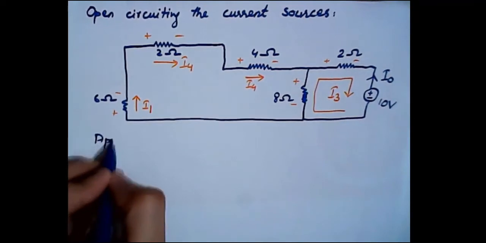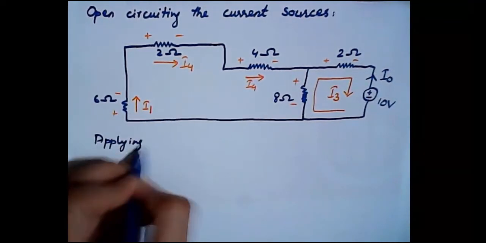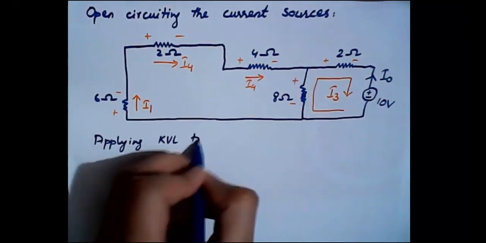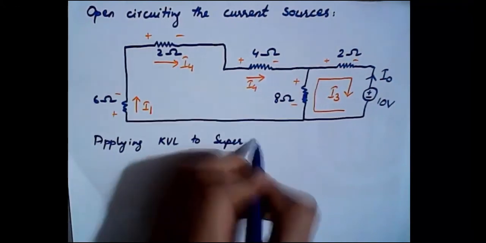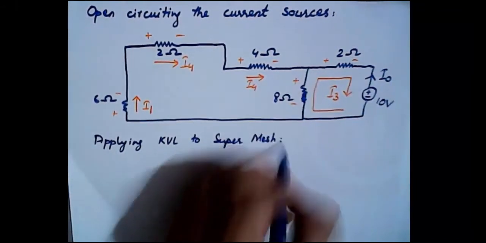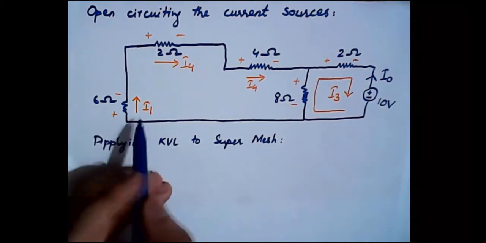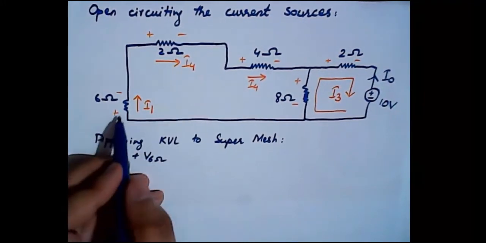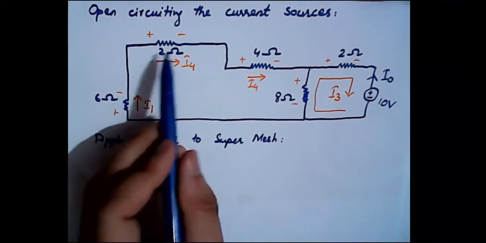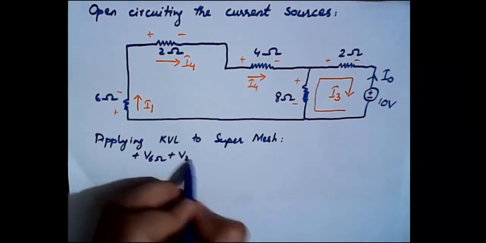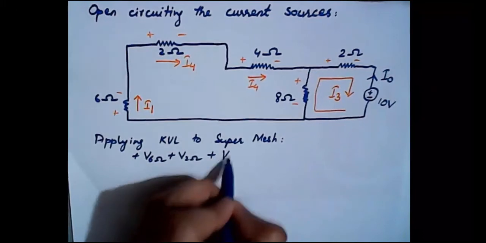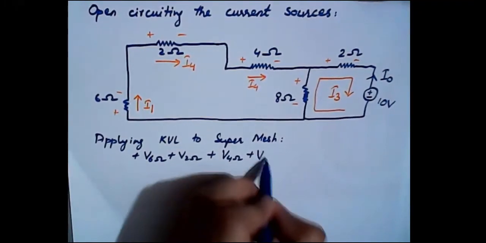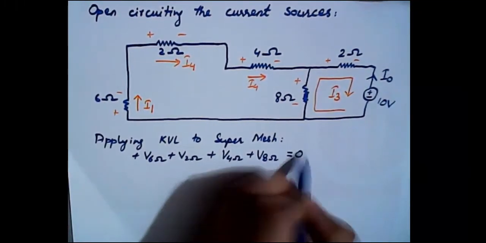Applying KVL to the super mesh, we can see here that plus V6 ohms, plus because the current is entering the positive terminal. Similarly, plus V2 ohms plus V4 ohms plus V8 ohms is equal to 0.